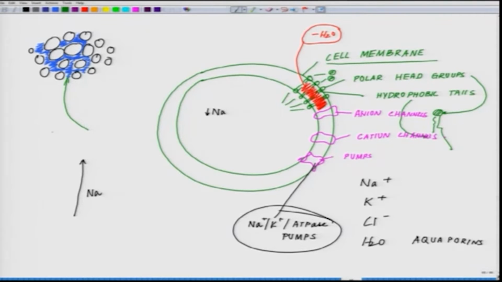then you will observe the concentration of extracellular fluid is almost similar to that of seawater. It has very high sodium, very high chloride, anion and the cations, whereas inside, sodium is low, but potassium is fairly high.